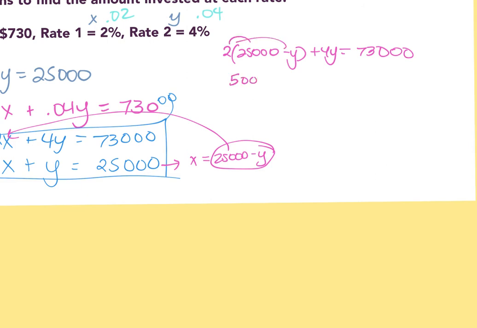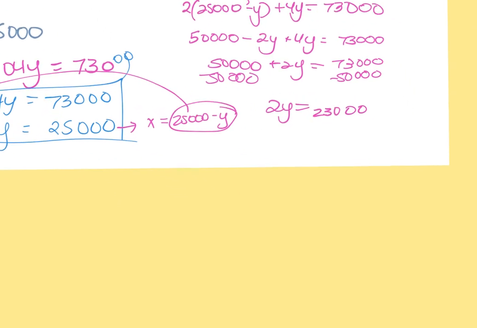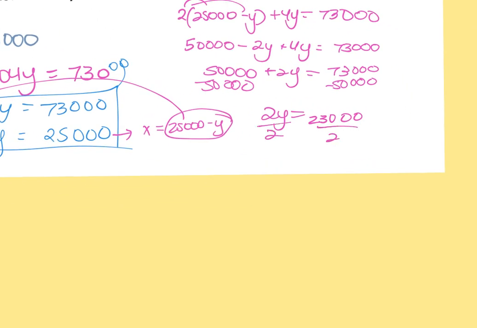So 50,000 minus 2y plus 4y equals 73,000. 50,000 plus 2y would equal 73,000. Subtract the 50. 2y would equal 23,000, and then divide both sides by 2.